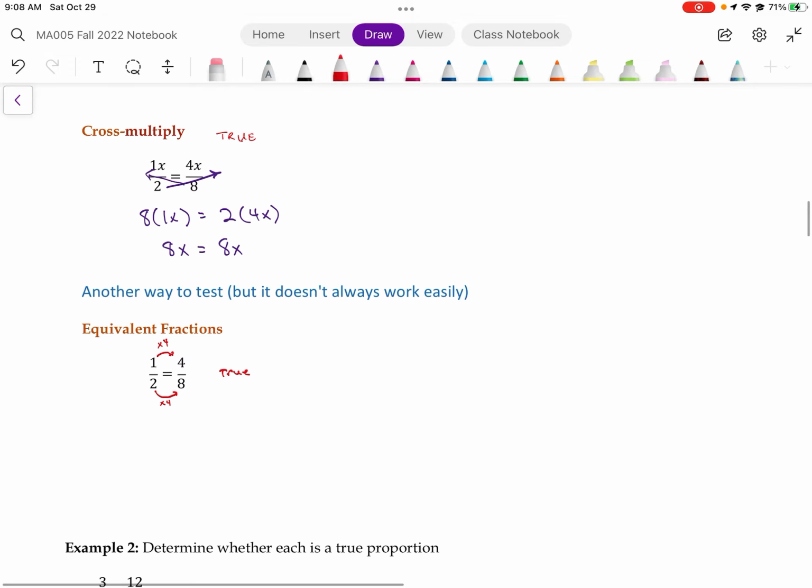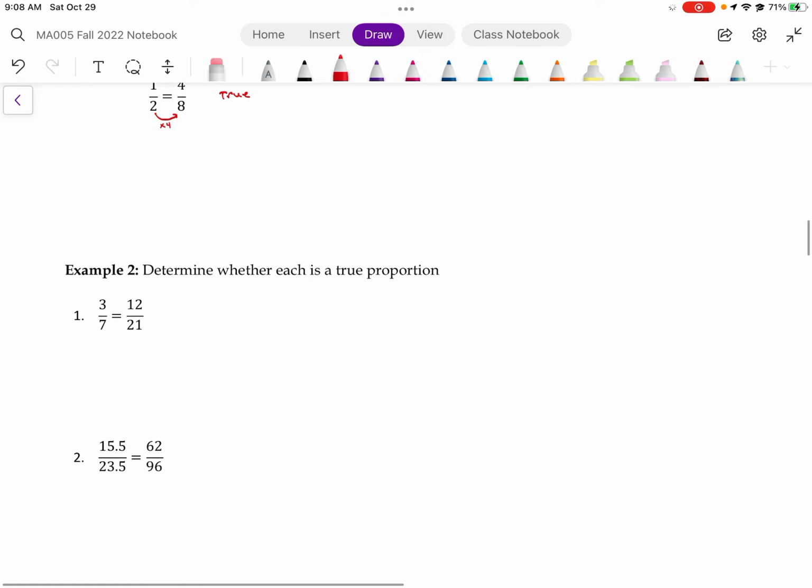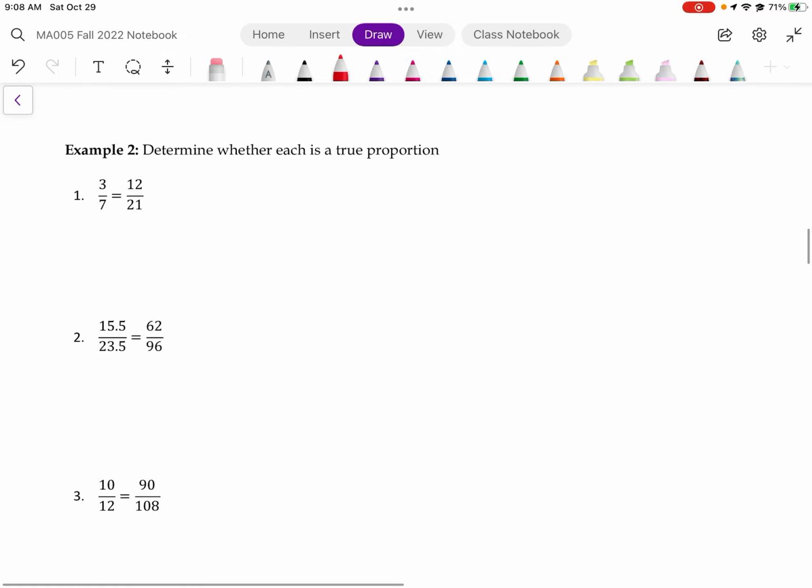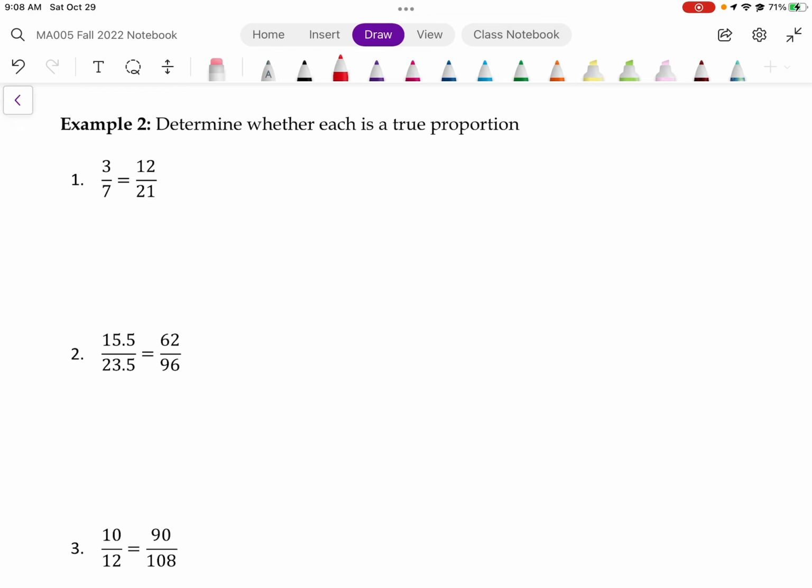Okay, so let's practice determining whether proportions are true or not. All right, so we're going to do both ways. So the first way I'm going to use is I'm going to divide.